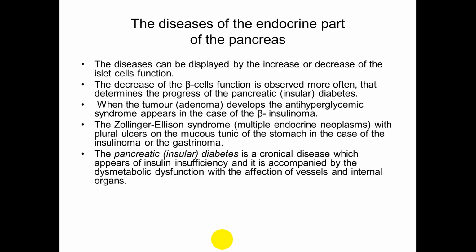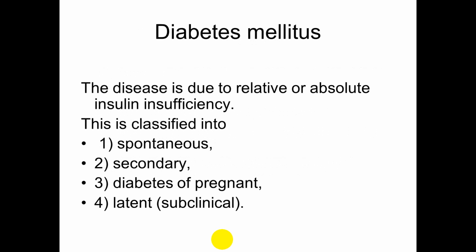Pancreatic insular diabetes is a chronic disease which appears from insular insufficiency, and it is accompanied by dysmetabolic dysfunction with affection of vessels and internal organs. Also called diabetes mellitus. The disease is due to relative or absolute insulin insufficiency.